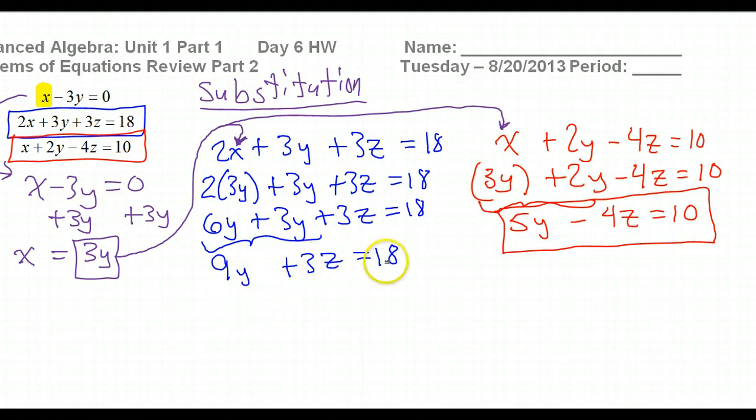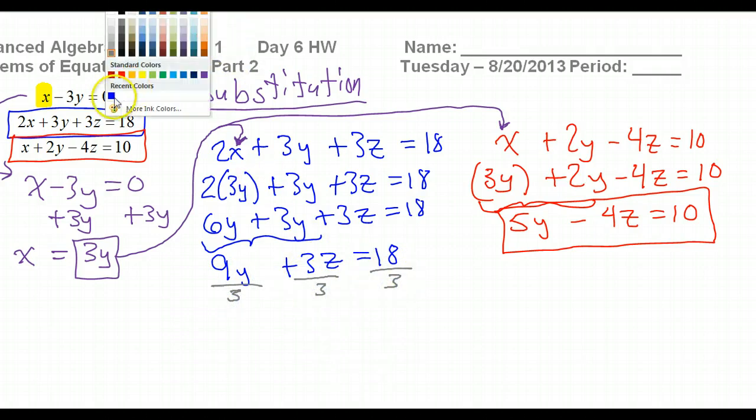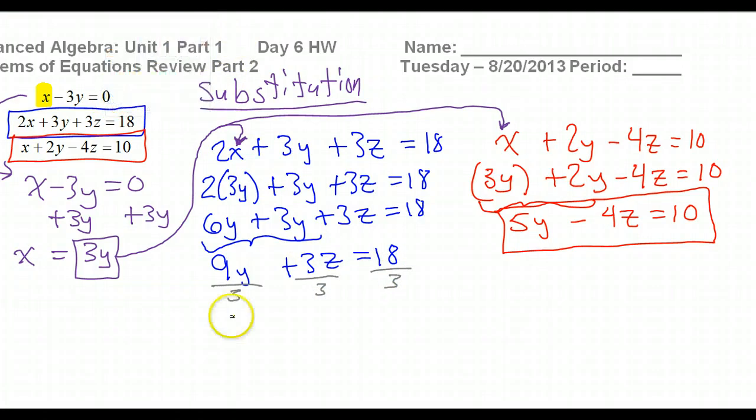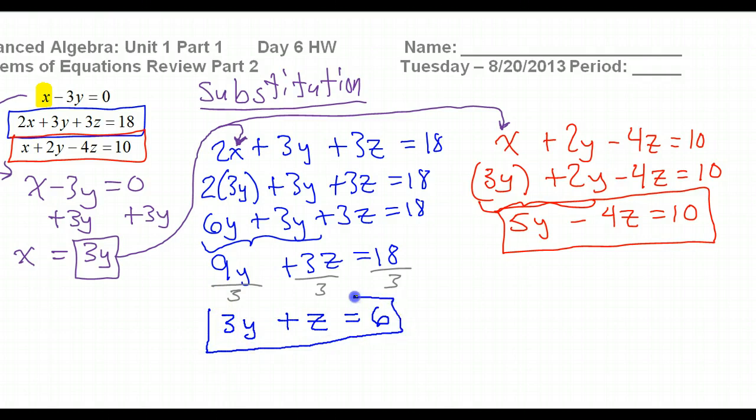All three of these terms are divisible by 3. So it will make your life easier if you divide all three terms by 3 before you carry on with the problem. So this will be 3y plus z is equal to 6. Okay, so smaller numbers, easier to work with.